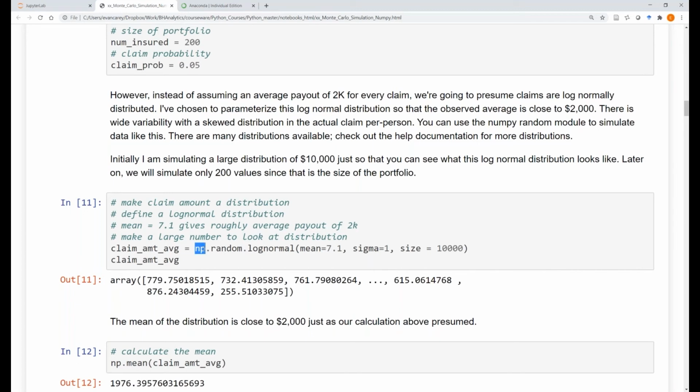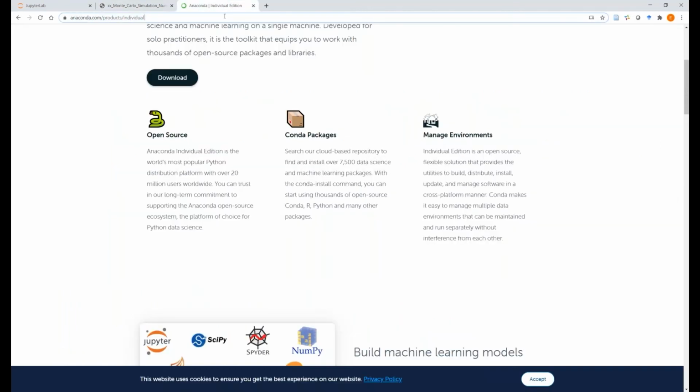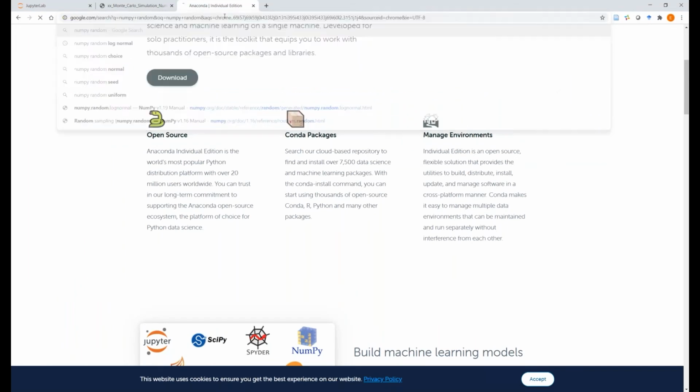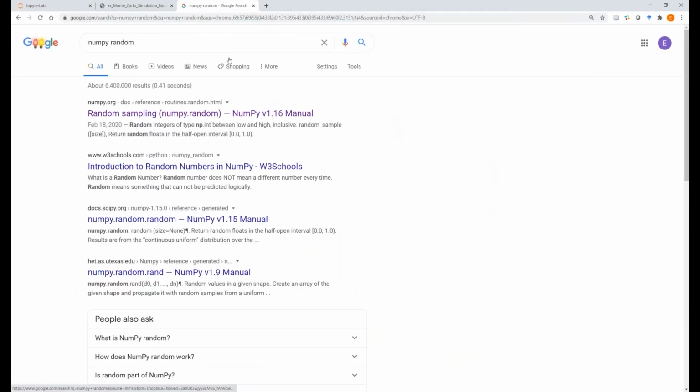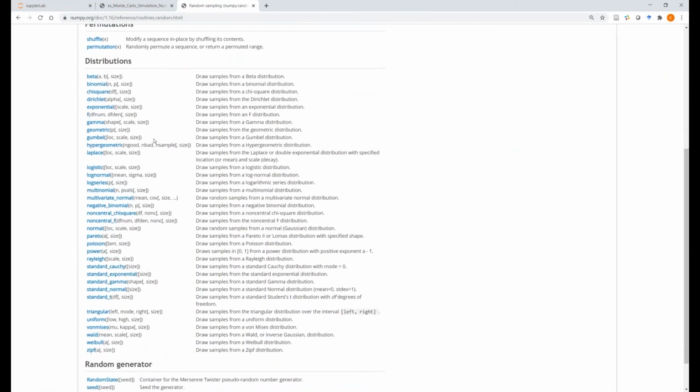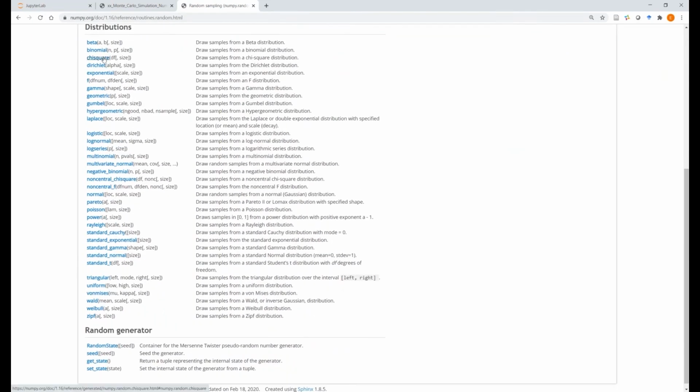NP is the NumPy module. There's a submodule under NumPy called np.random, and there's a bunch of distributions available there. If you're curious to look those all up, you can just Google NumPy random. And if we Google NumPy random, you can see under the numpy.org references, we've got the random submodule, and here's all of the distributions that come by default with NumPy.